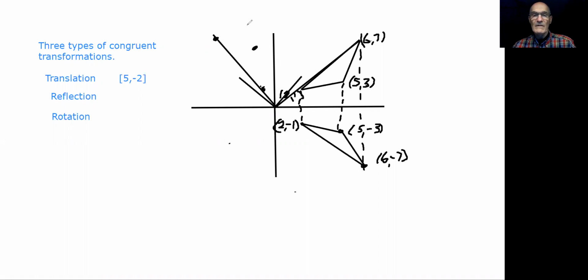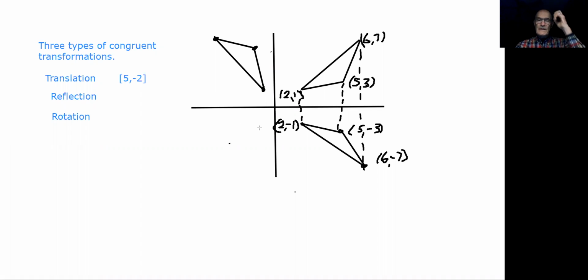So now I can erase that line and that line right in there. And now I can erase this line and this line, and then I can draw my triangle here, which looks like this, and looks like this, and it looks like this.